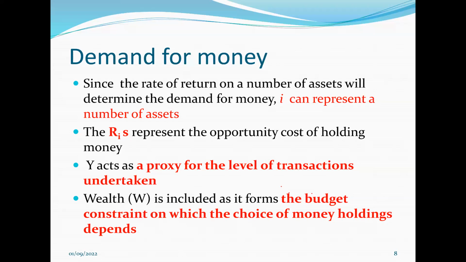Now, since the return you get on a number of assets will determine the demand for money, then the interest or the rate of return can represent the number of assets. Let the nominal interest rate, the return on the number of assets, represent the number of assets.